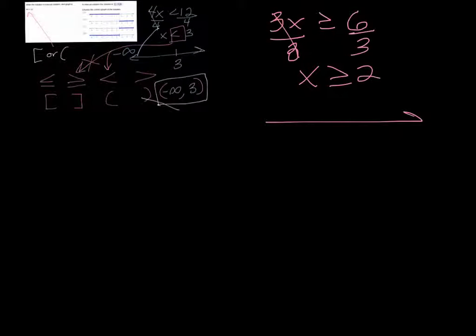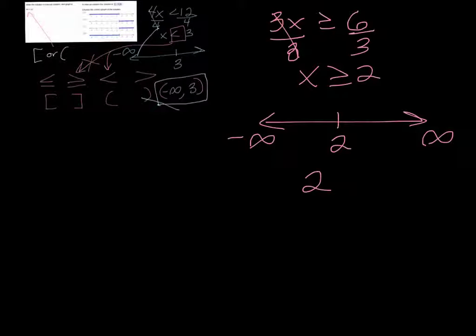Once again, look at each boundary. One of them is going to be at 2. X has to be greater than or equal to 2, so we're going to positive infinity. So my lowest boundary is 2. That's the lowest value that x could be. X stops at 2. That's where things change.